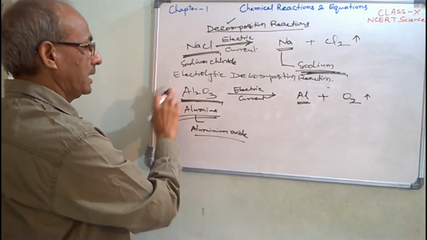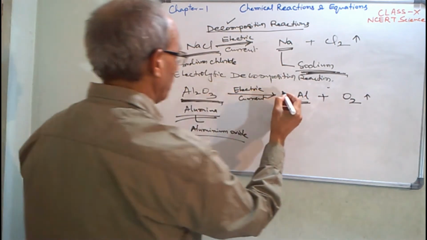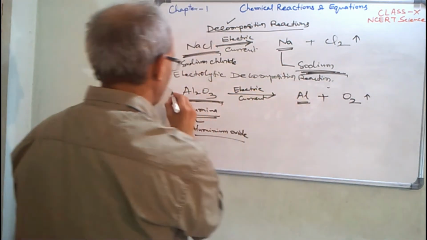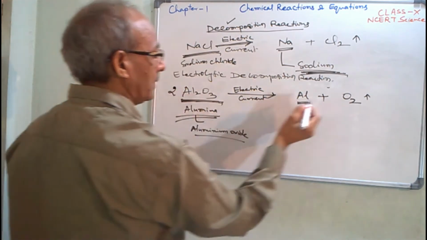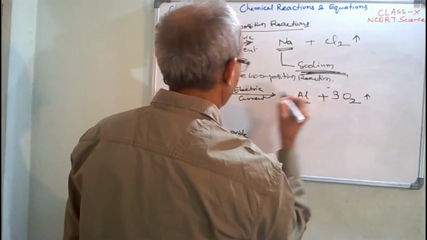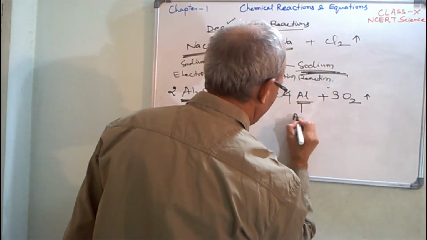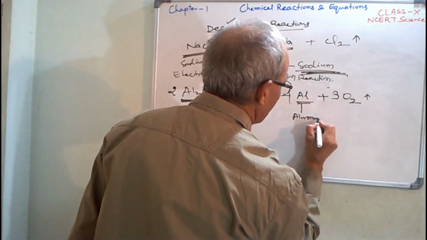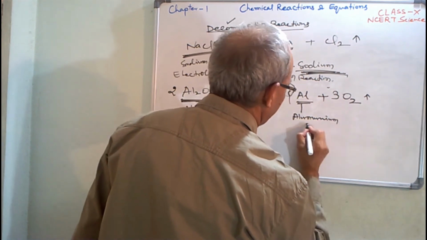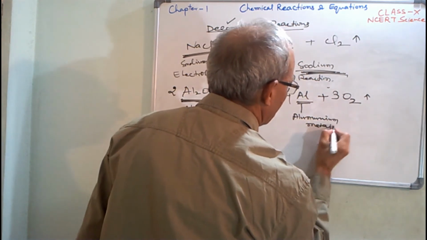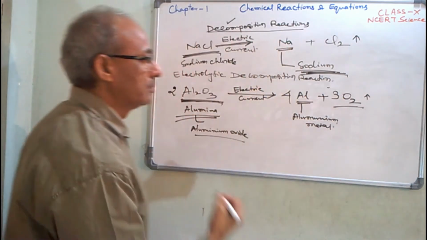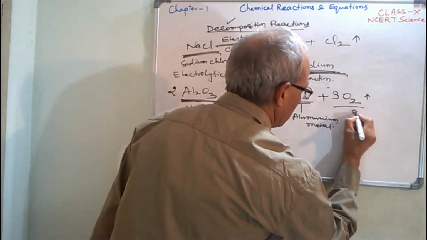We will have to balance the equation here by putting 2, and here 3 and 4. This is the aluminium metal, and oxygen gas will evolve as a byproduct.